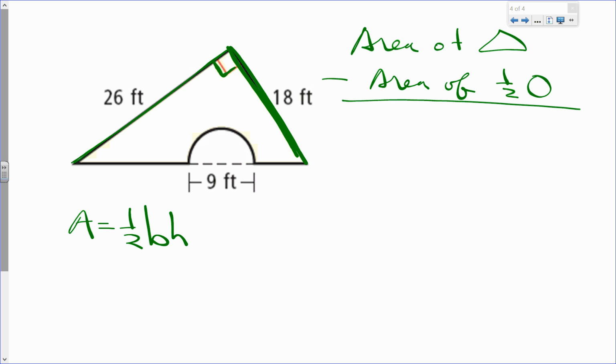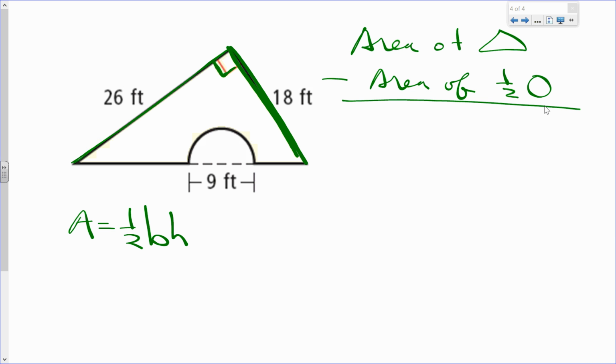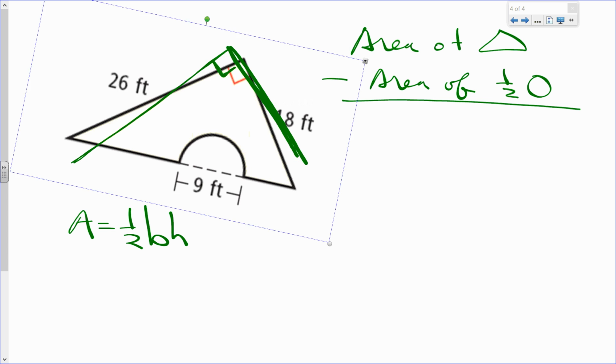Say again? So the base is always at the bottom. Well, or is it that the base is always at 90 degrees with the height? So I could flip this triangle around and make this at the bottom if you want. But it doesn't really matter. Logically, in other words, check this out. Think logically here. To answer your question, look at what I'm doing with this triangle.